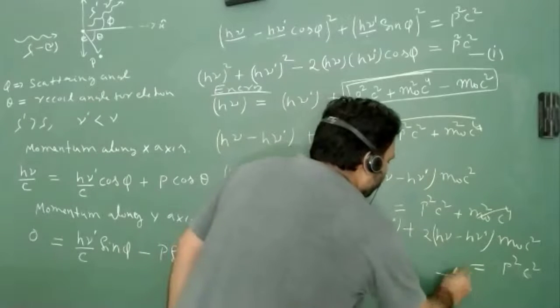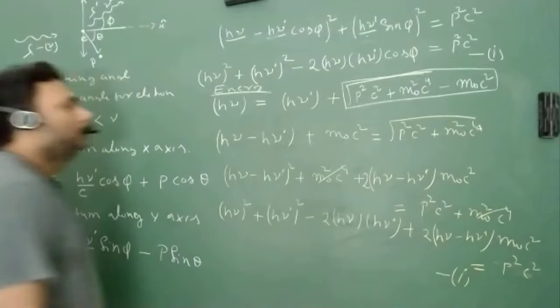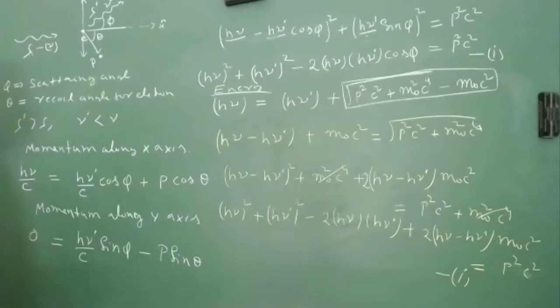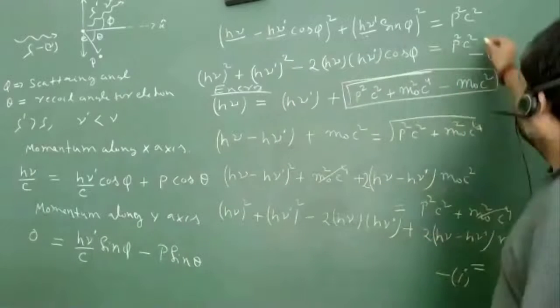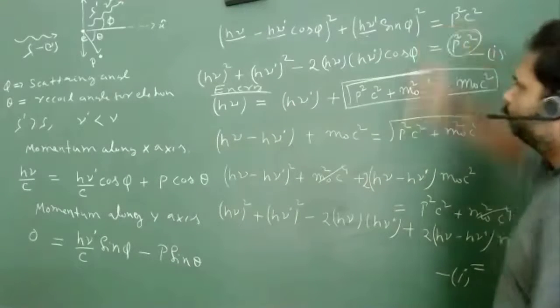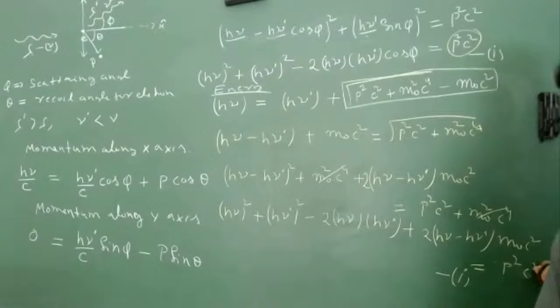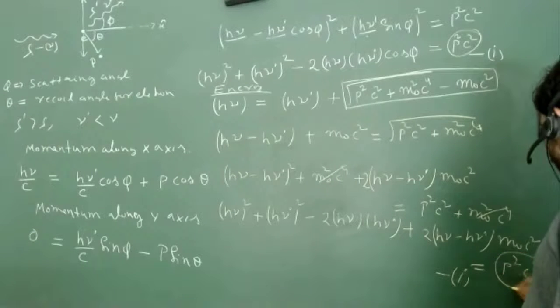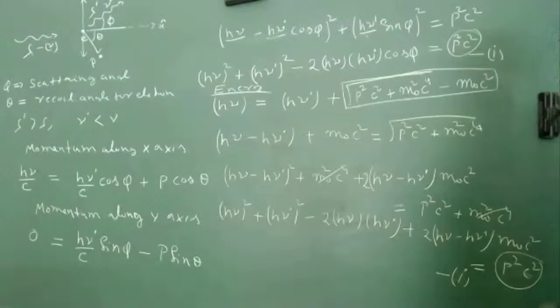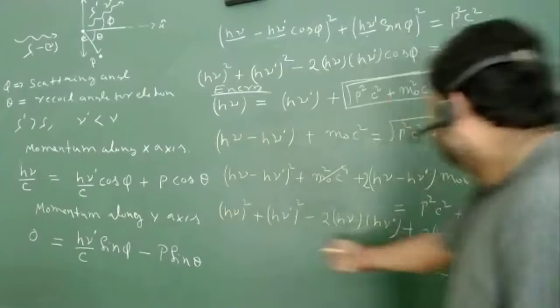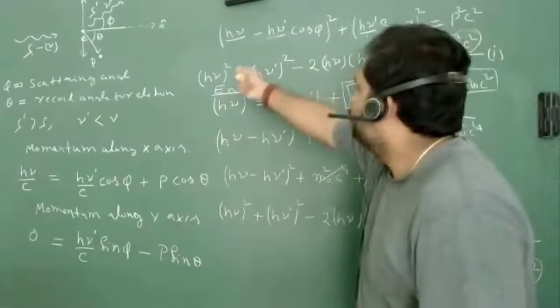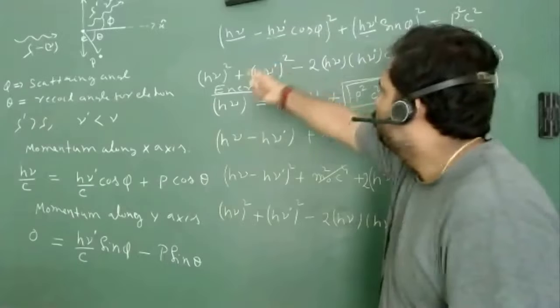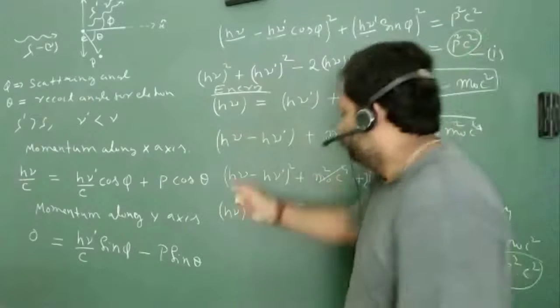Now it will be shortened. Don't worry. On the right hand side here we have p square c square, and on the left hand side it is also p square c square. So we can just equate this term to this term, isn't it? We can equate all these terms to this term.